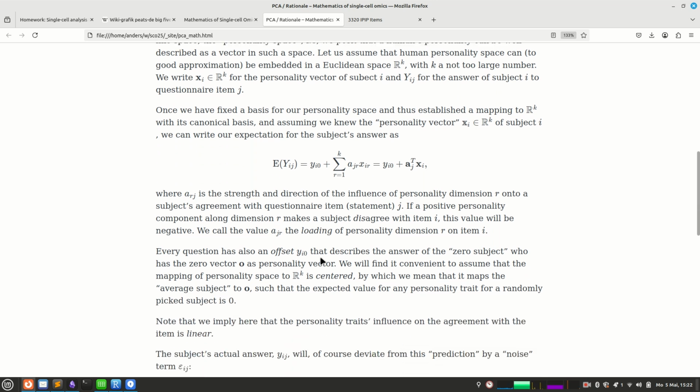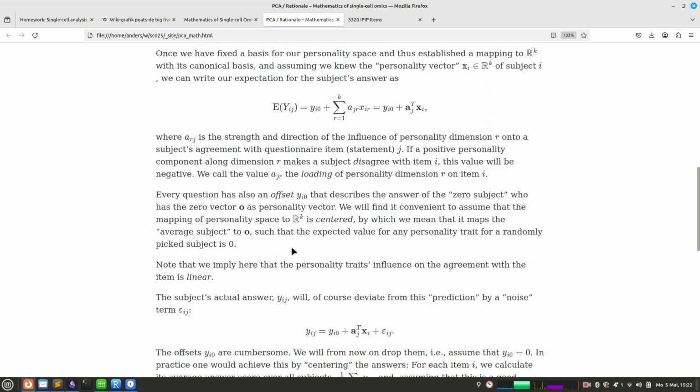So what we also now do to make our life easier, I've already said that, we now assume that our personality vectors are all centered, so we have placed the origin such that the average person sits in the middle. And let's also make clear that this prediction here just gives us an expectation value. The actual answer of a subject to this question will of course be the answer that we predict plus some random noise, which can capture two things.